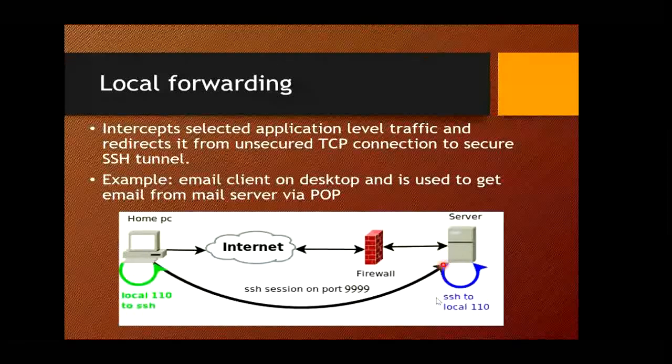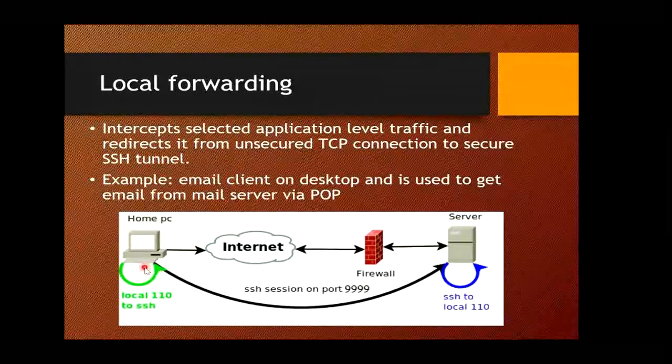So the client will take any bits that are sent to the local port 9999 and send them to the server inside the encrypted SSH session. The SSH server will decrypt the incoming bits and send the plain text to port 110.